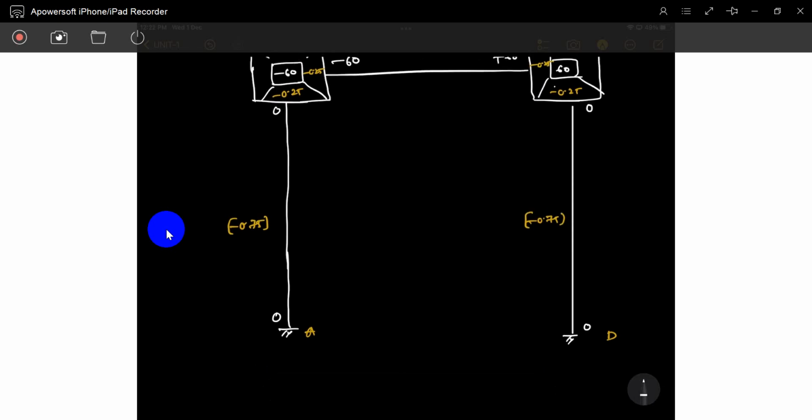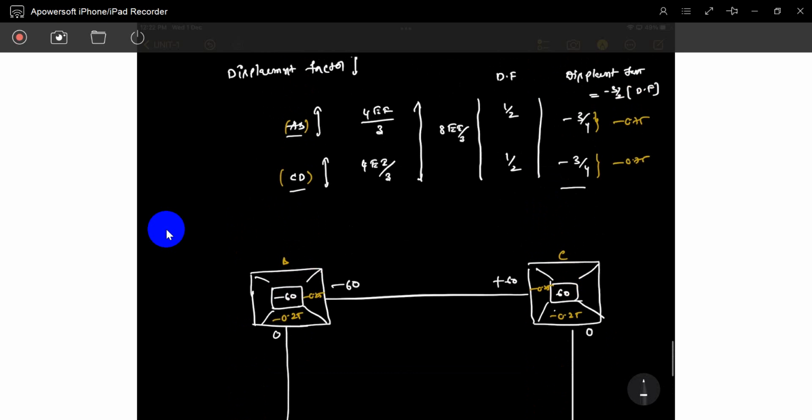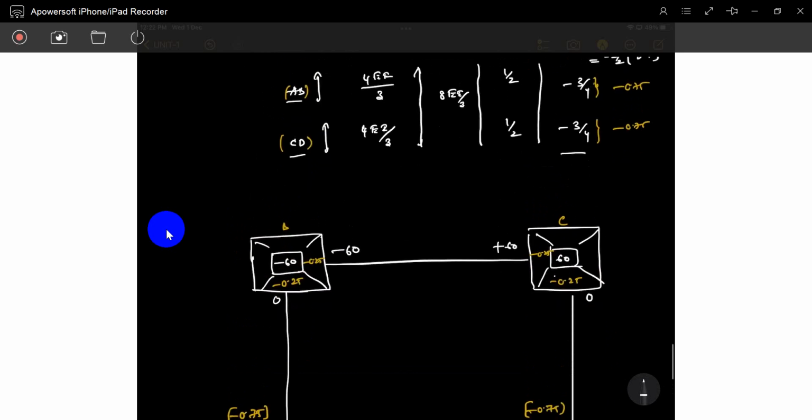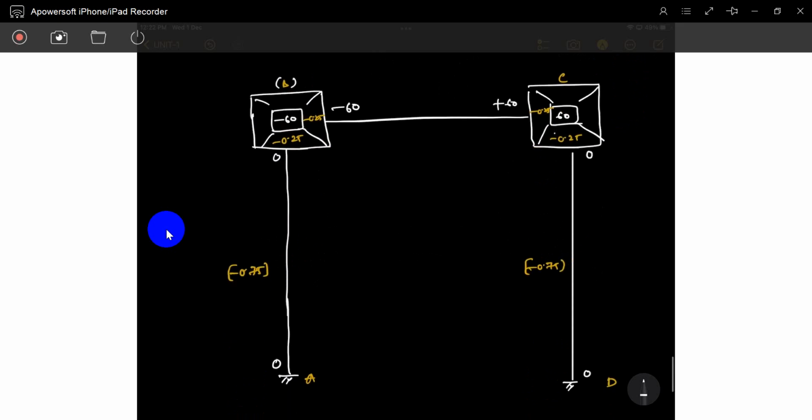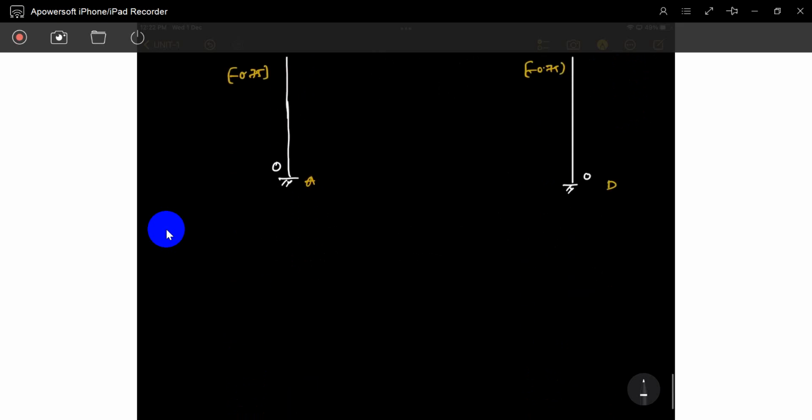Sir, how can you start? First, as usual, joint B. The first joint is joint B. As usual, you have to write the rotational contribution for joint B towards A. What is that value?